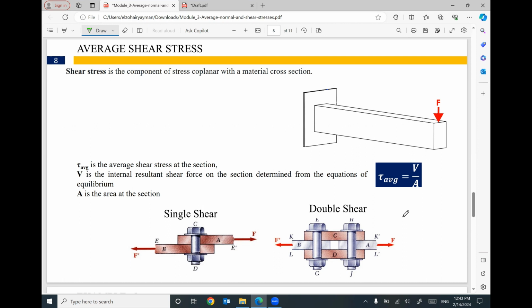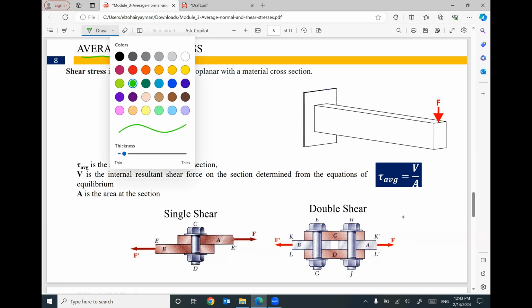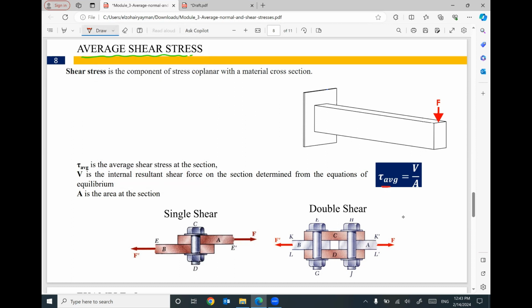In this one, we are going to figure out how to calculate the average shear stress. In a very simple way, tau average equals V divided by area. V is the applied shear force, area is the cross section of the member.